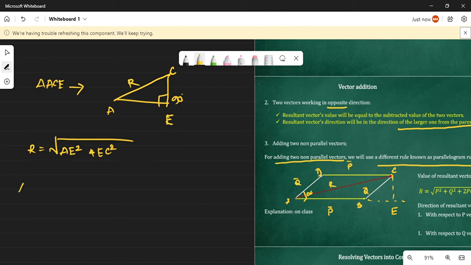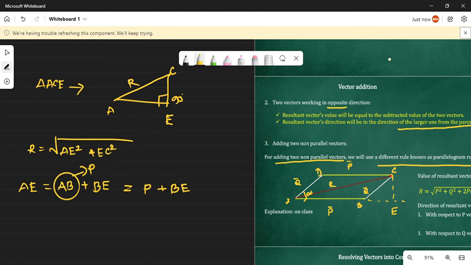AE can be written as AB plus BE. Now AB is equal to P, as P is along the direction of AB. So now we can write that the value of P, not vector now, this value, plus BE. If we can find the value of BE, we can put it there.